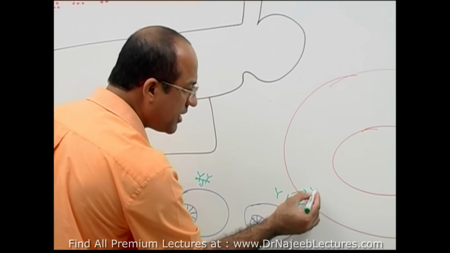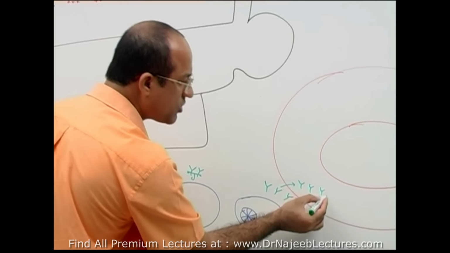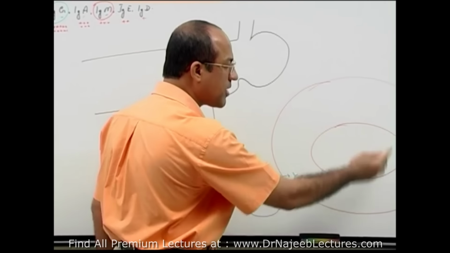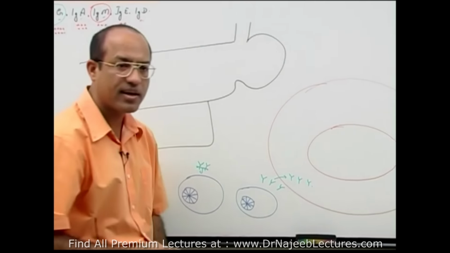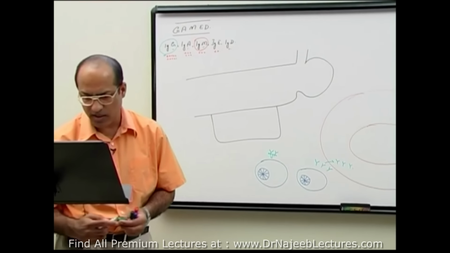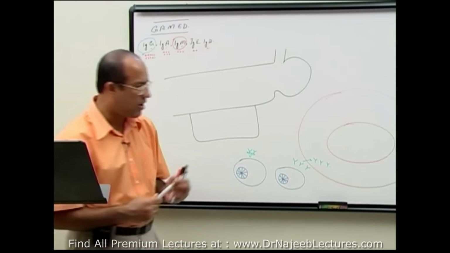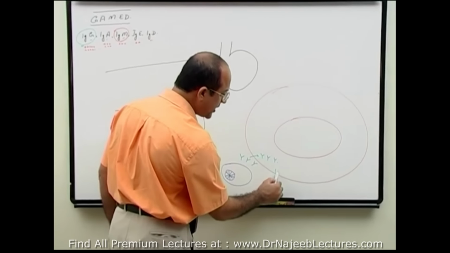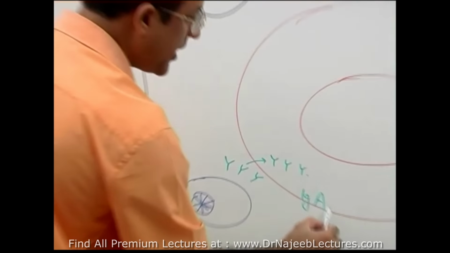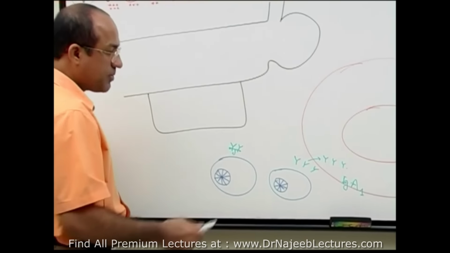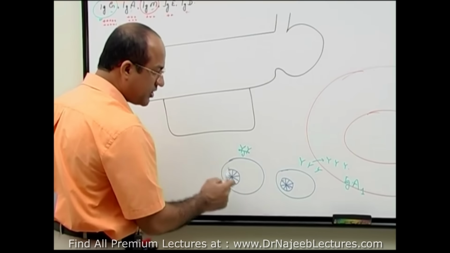These monomers will be going to the blood. So you must remember IgA circulates in the plasma in a monomeric form, which is also called IgA1, right? But they are not cross-linked by the J chain.